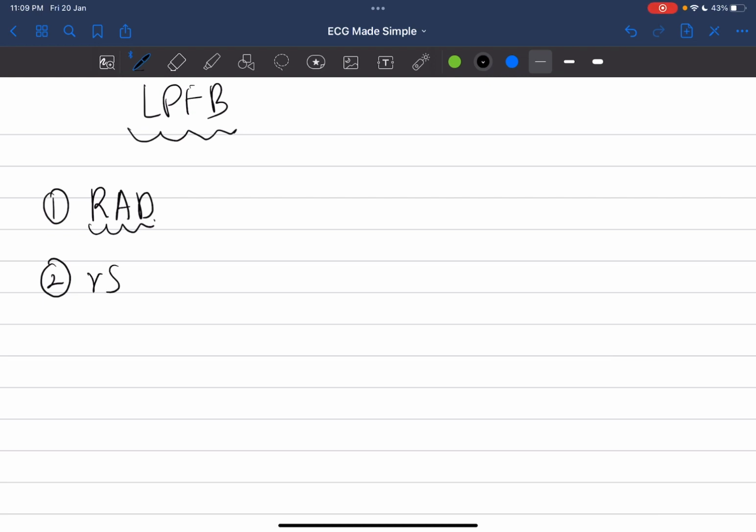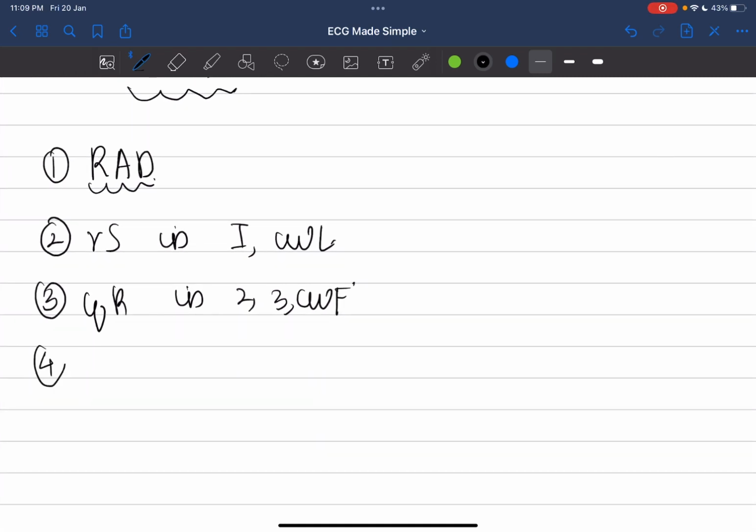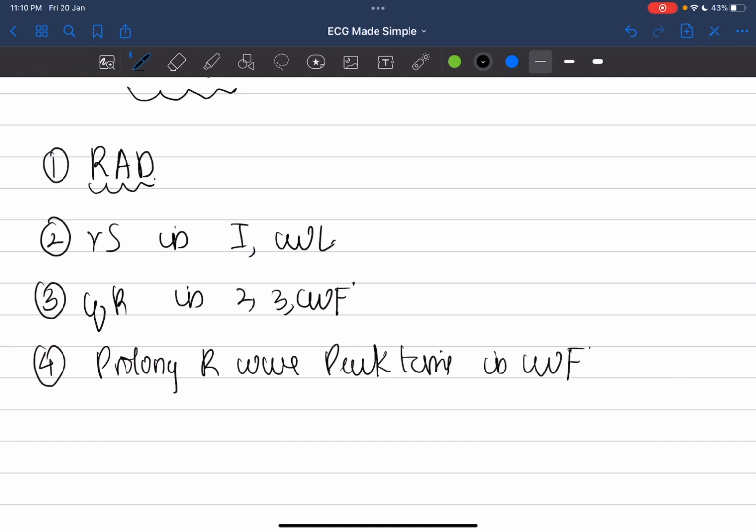The RS complex will be seen in lead 1 and AVL, and the QR complex will be seen in leads 2, 3 and AVF. Then you have to find the R wave peak time in lead AVF, which is prolonged, more than 40 milliseconds.